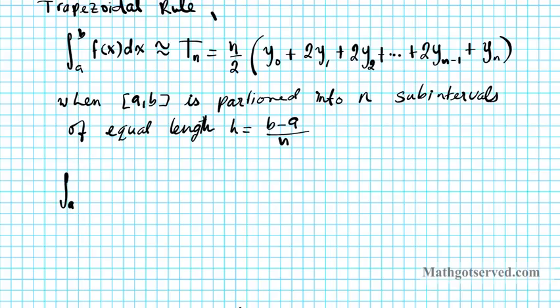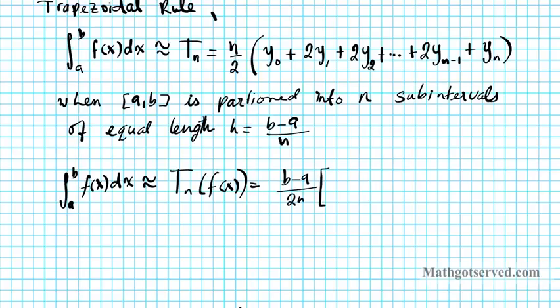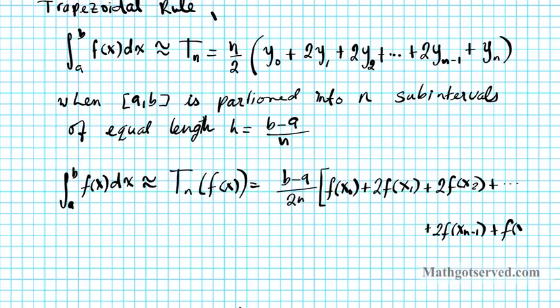The area from a to b of f of x dx is approximately the trapezoidal rule using n sub intervals of the function f of x, which is equal to b minus a over 2n times f of x sub 0 plus 2f of x sub 1 plus 2f of x sub 2 plus dot dot dot plus 2f of x sub n minus 1 plus f of x sub n.